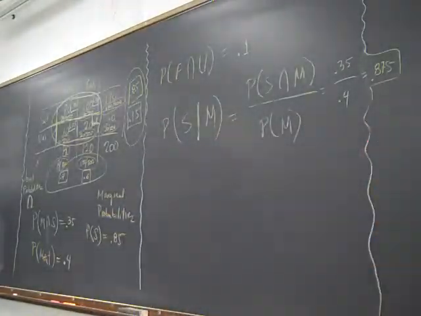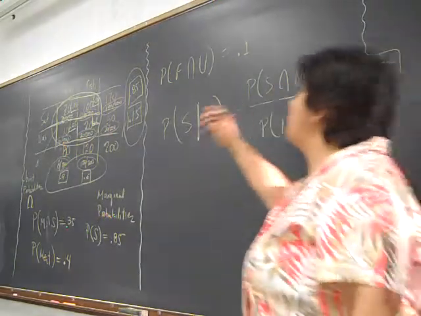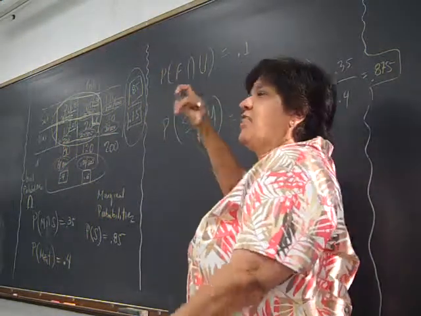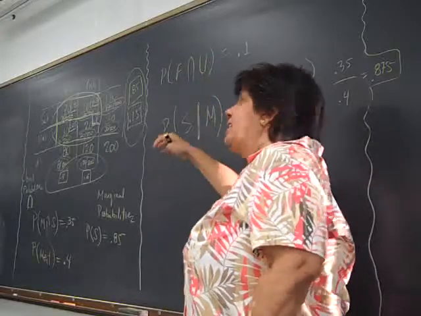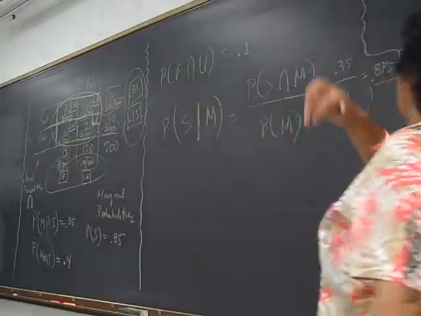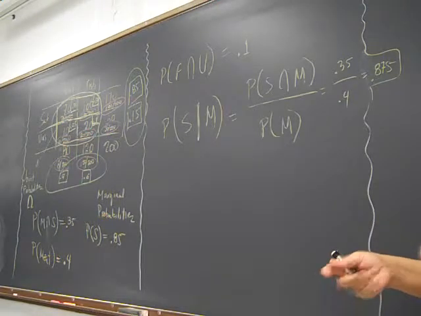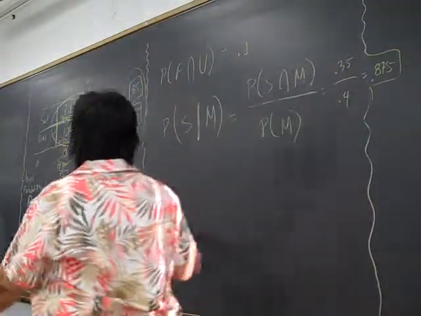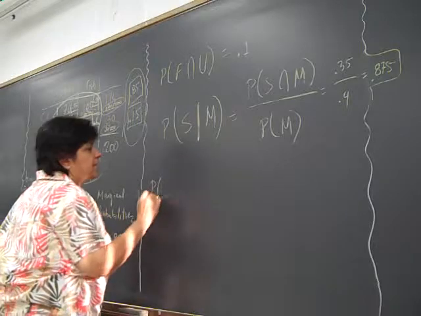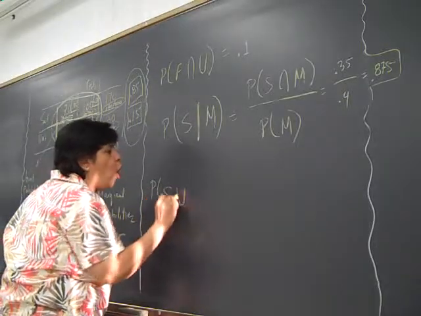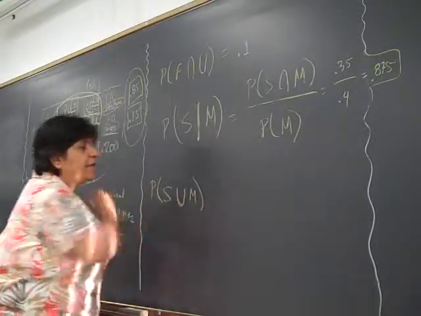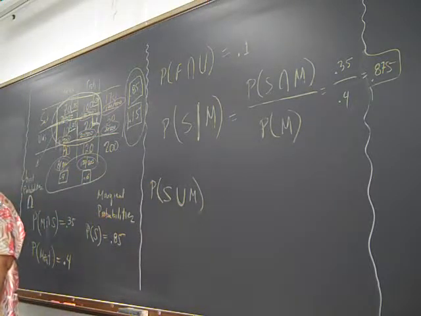So the probability that the person was satisfied given that he or she ate meat is 0.875. Okay? What is the probability that the person was satisfied or ate meat?